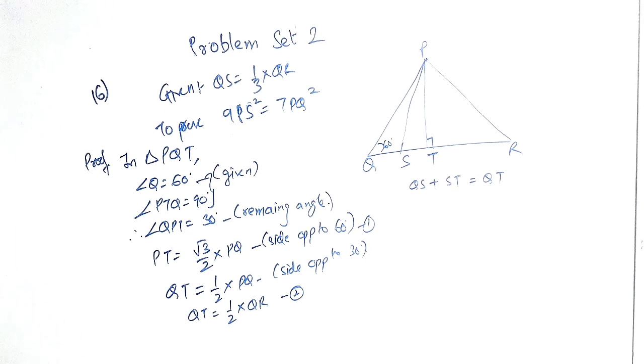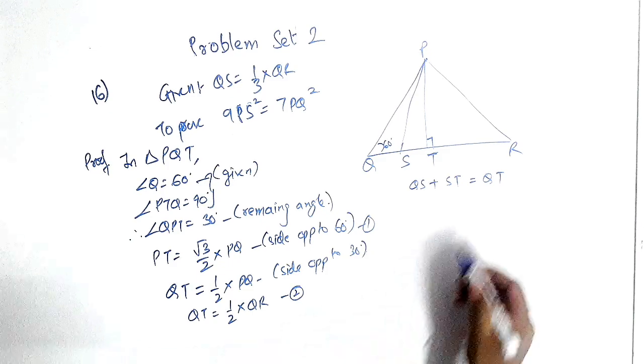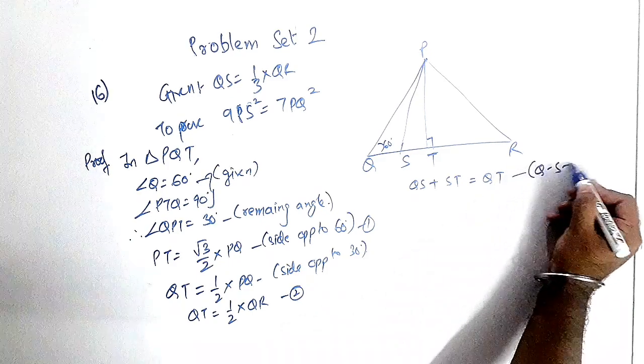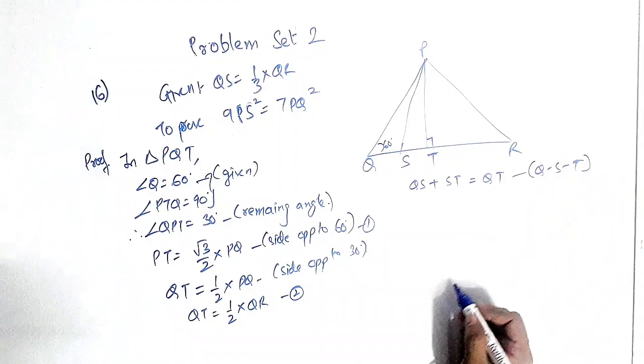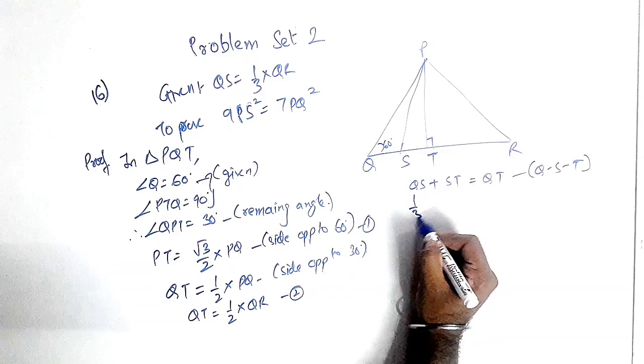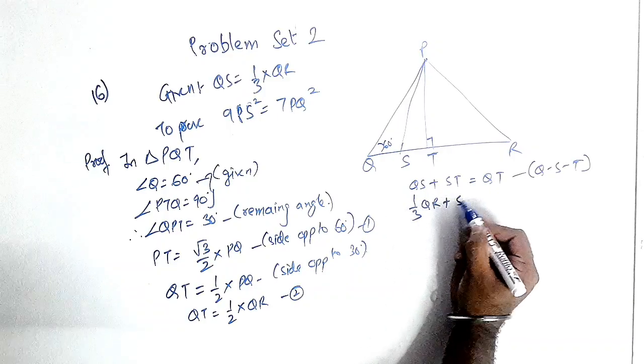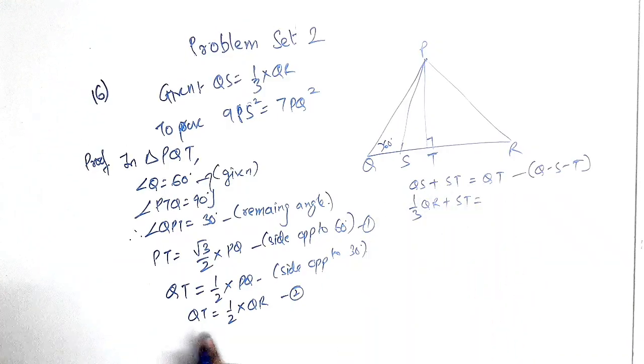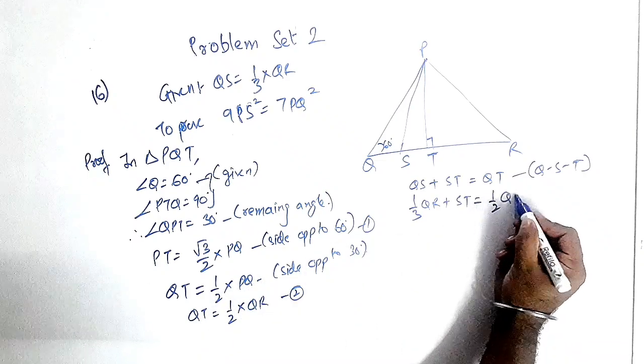Okay, QS plus ST is equal to QT. Okay, you can write here these are collinear, so Q-S-T. Now QS, it is given 1/3 of QR, so I'll write this 1/3 of QR. ST we don't know, QT we know it is half of QR.